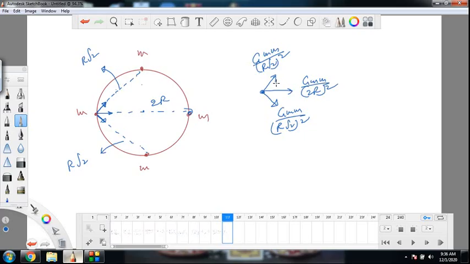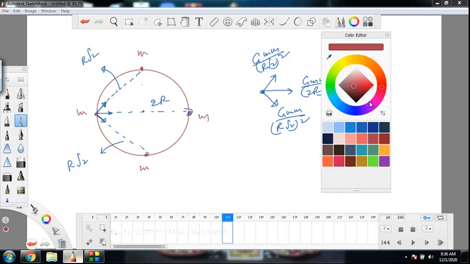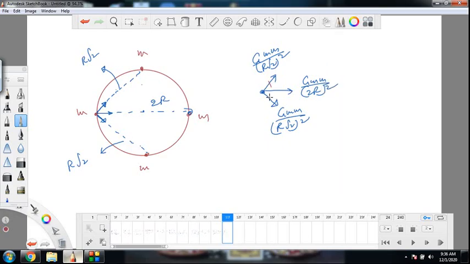So now these two forces, which one I am showing in the red color, this and this are perpendicular. The resultant will be in this direction only. So that resultant force will be G m square by 2r square into root 2, plus this force G m square by 4r square.